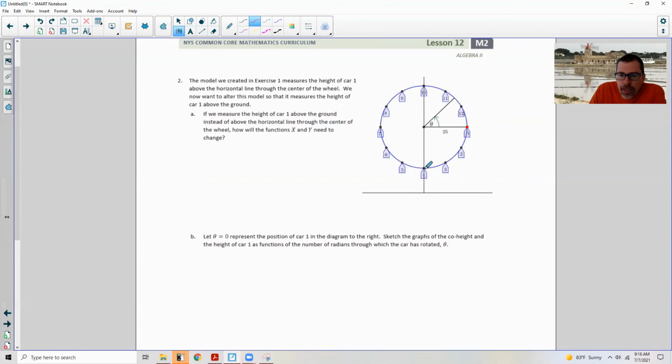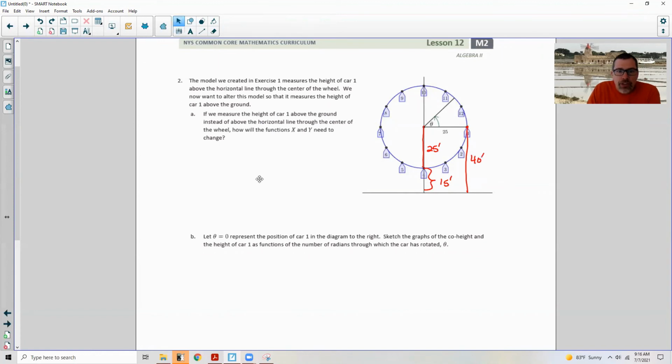So in the first page, it told us that the Ferris wheel is 15 feet off the ground. So if this is a distance of 25 feet and this is 15 feet, then this distance total is 40 feet.